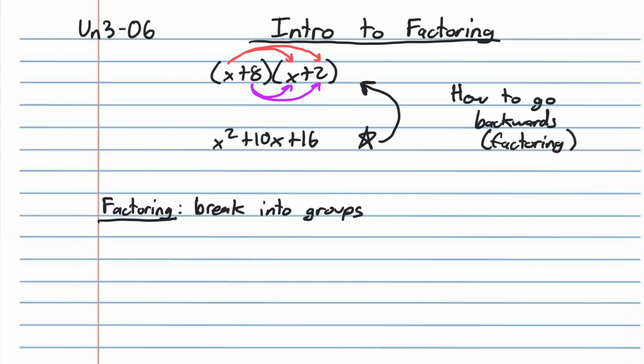The idea that if it's in those groups and it's equal to 0, it's fairly easy to solve, right? So sometimes they'll give us the trinomial and we need to break it down before we can solve it, okay? And this idea of breaking into groups, and the formal term, we're breaking it into its factors, hence the term factoring, okay? So let's take a look at how to actually do that.